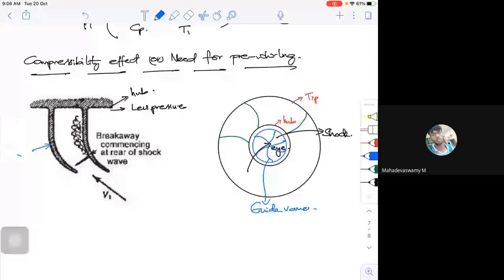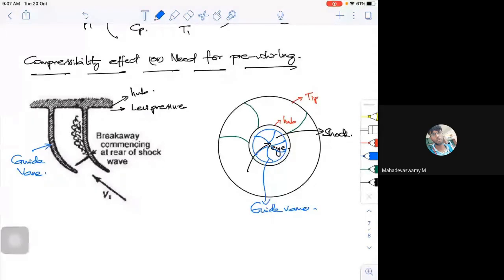What is the purpose of this guide vane? This guide vane will deflect the fluid entering the compressor or pump, whatever it may be, because they are all power absorbing machines, so that they will break any tendency of shock formation.